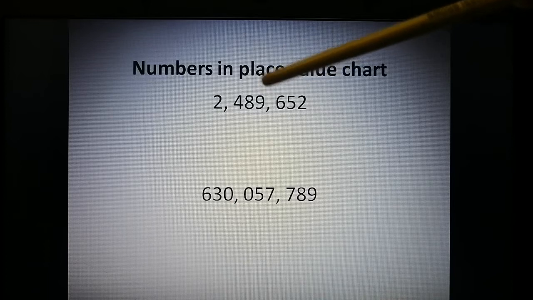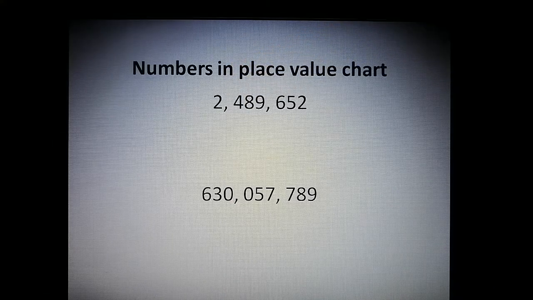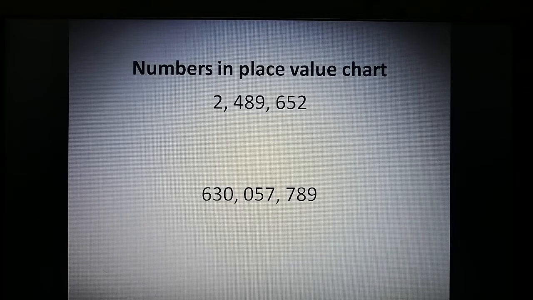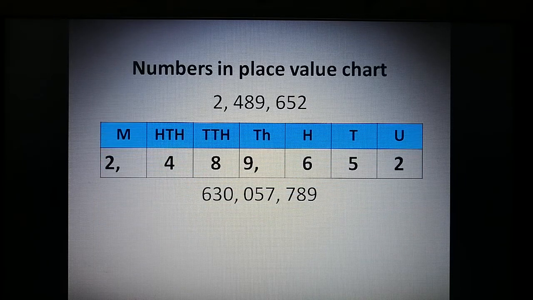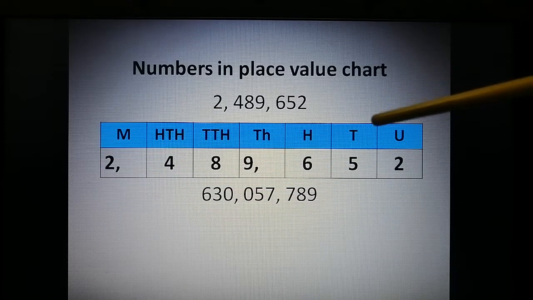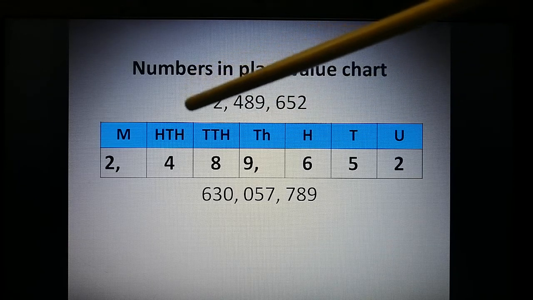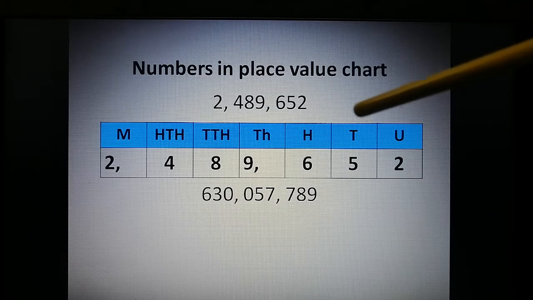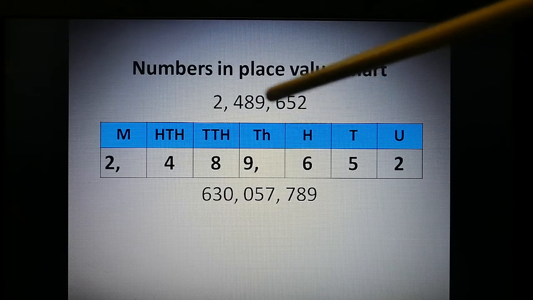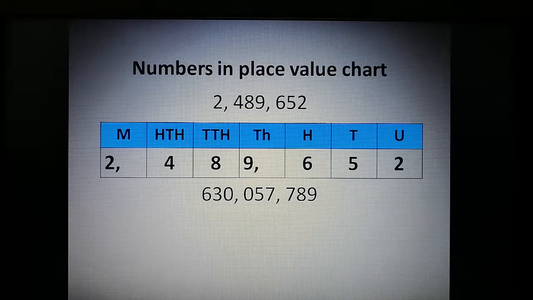Count with me: 1, 2, 3, 4, 5, 6, 7. So I am writing 7 place values: units, tens, 100s, 1000s, 10,000s, 100,000s, million. Count with me: 1, 2, 3, 4, 5, 6, 7.